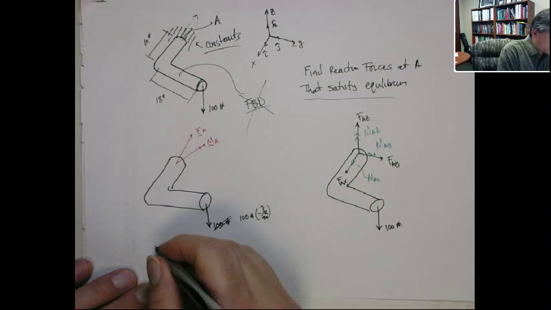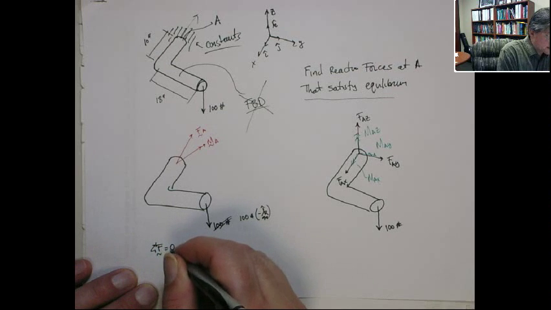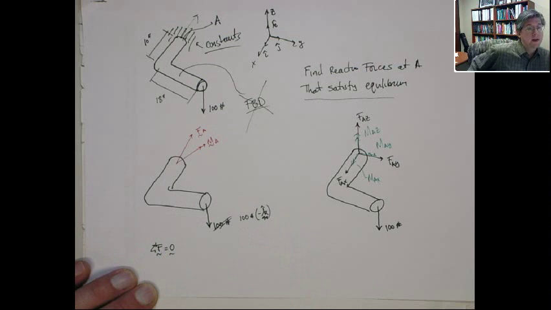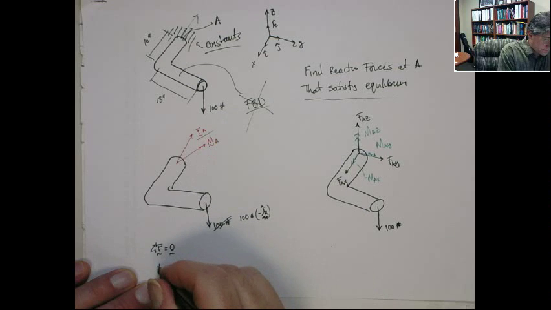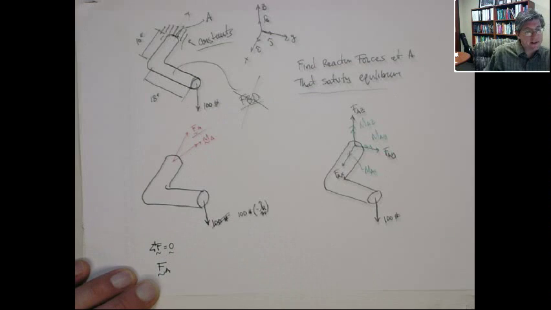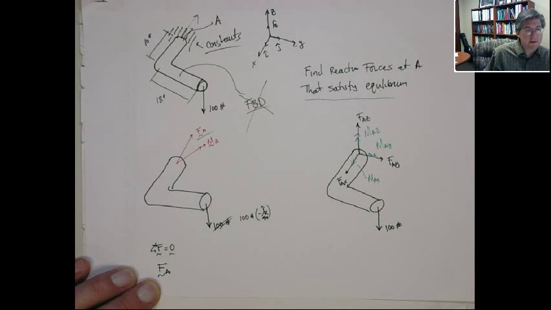The first one is the vector sum of forces is equal to 0. When we do this approach, we have to make sure to write all the forces as vectors. So what are the forces we have? Well, we have FA. I don't know anything about that other than the fact that it has some magnitude and direction.